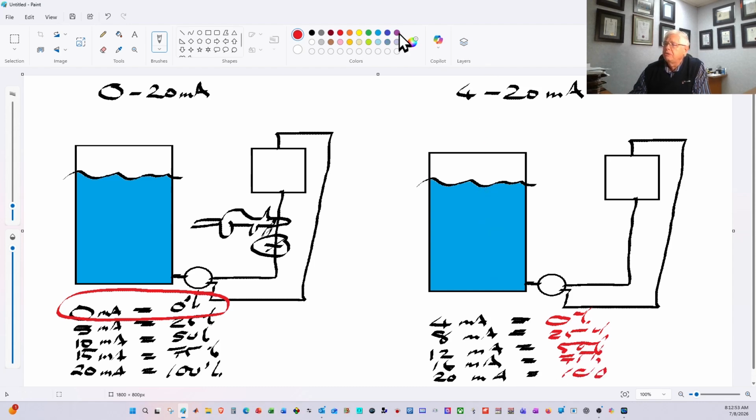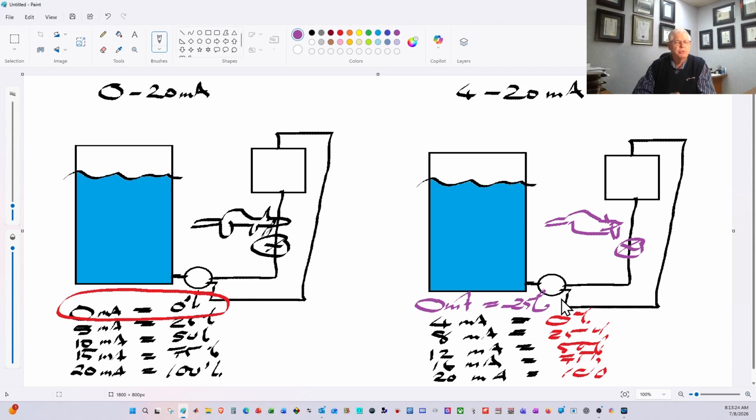So horror of horrors, if some other rat were to break into the plant and chew off the cable at that point, it's going to give me 0 milliamps, which on a tank of 0 to 100% is going to show me minus 25%. Now, we cannot have a tank that's going to show us minus 25%. And in a case like that, your operator knows to immediately pick up the phone and call the instrumentation people, because there's going to be a major problem.